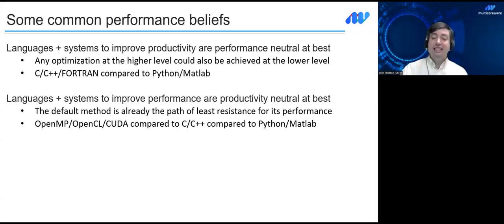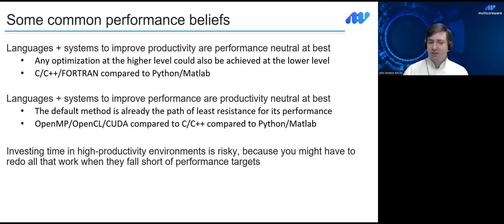And if you want to exceed the performance of those languages, you're going to have to do more work and invest more effort to do something like vector intrinsics or use multi-threading or accelerated computing programming models, which will take more work and be more difficult to use than C and C++, but should get you better performance when you do. So again, this is somewhat well justified based on our professional experience with a lot of systems.